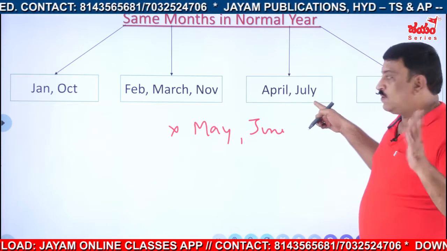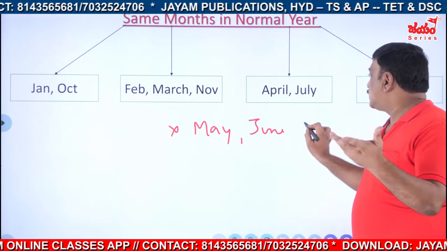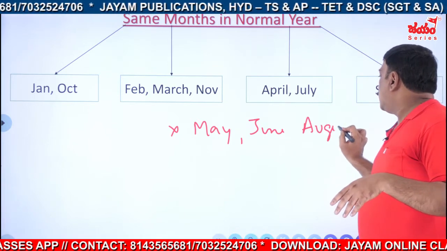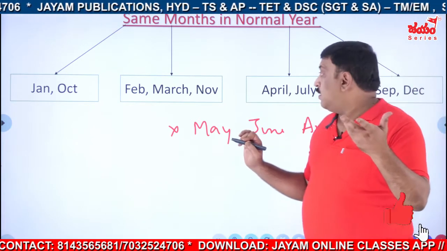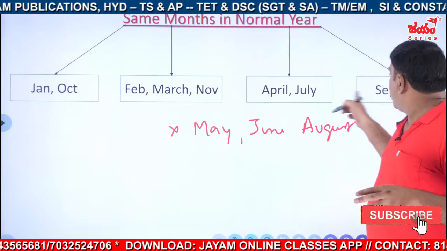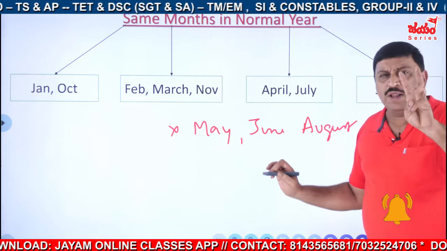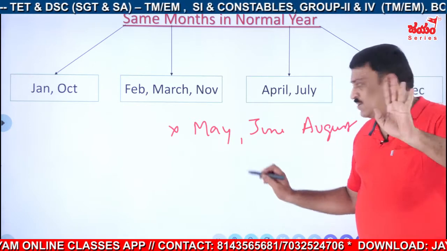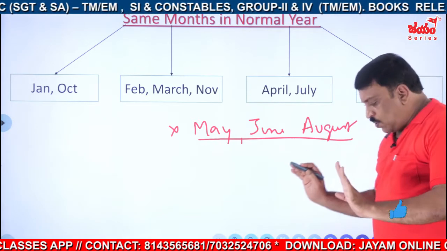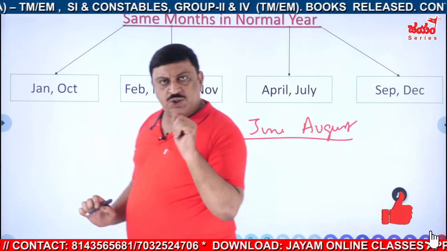July is there. August, no August, right? September, October, November, December. So only 3 months don't have a combination, that's all. In the normal year, we don't have a combination for May, June, and August.